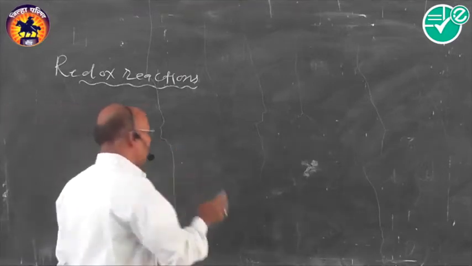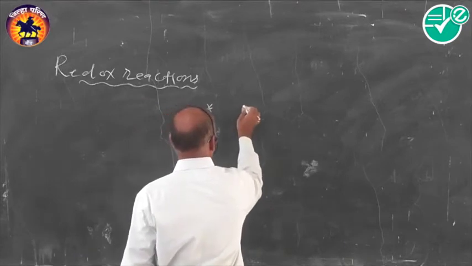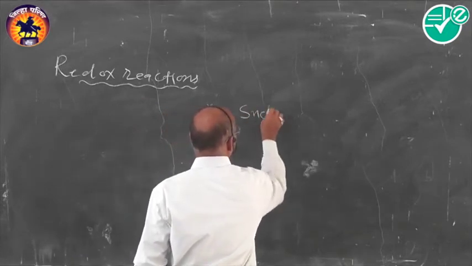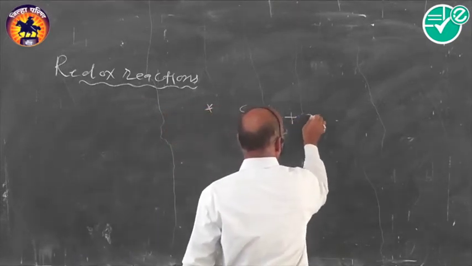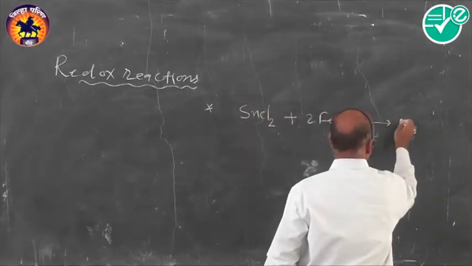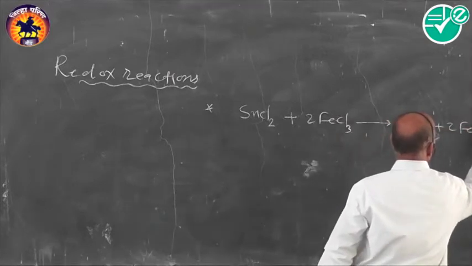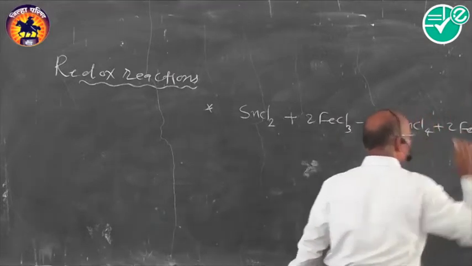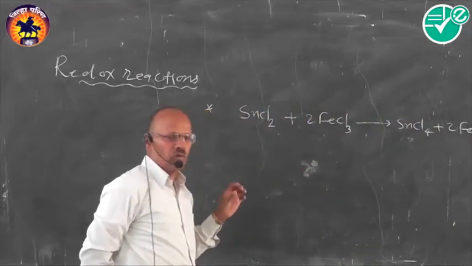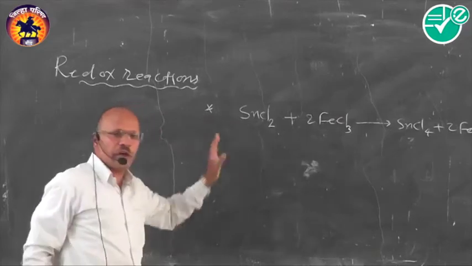Now we'll have an example, a very simple one. Check this out. SnCl2 along with 2 FeCl3 produces SnCl4 along with 2 FeCl2. So it is a chemical reaction. Now we have to decide whether this is a redox reaction or not. Check the species.